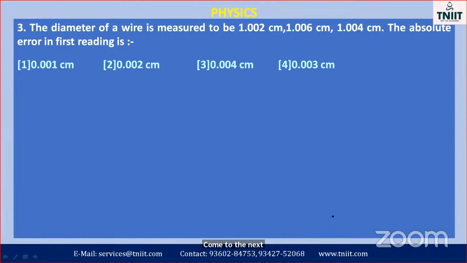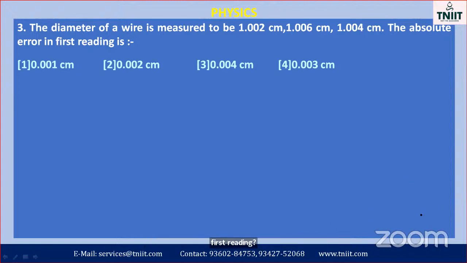Now there is a wire. For that particular wire, they are asking you to find the absolute error in the first reading. Look at this.